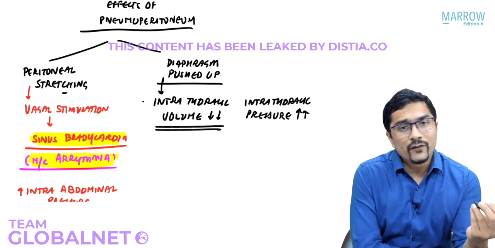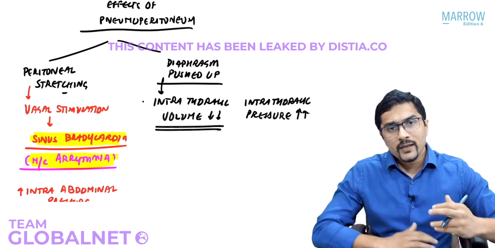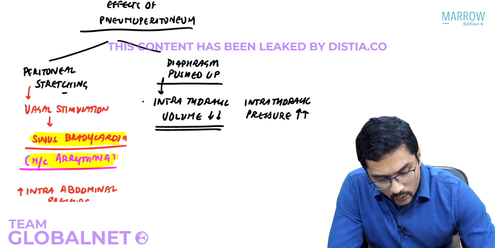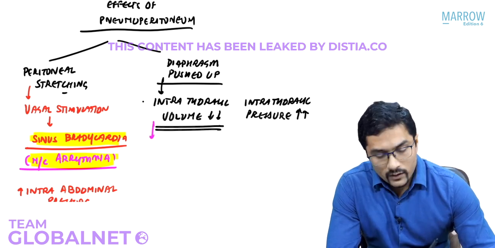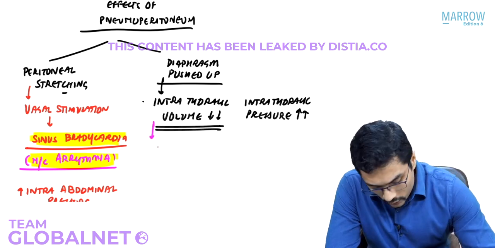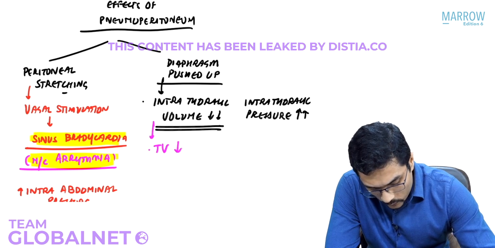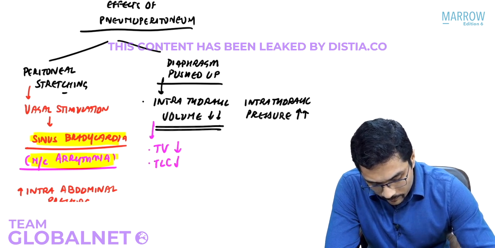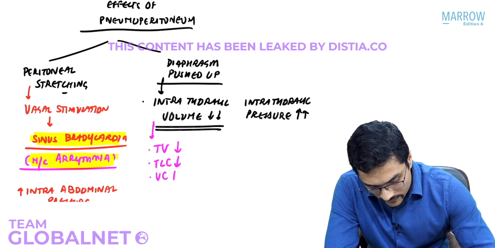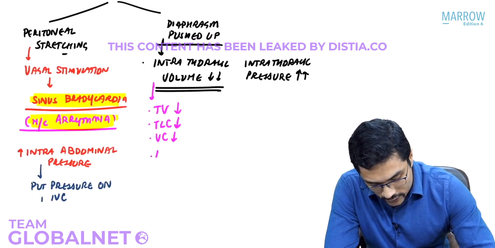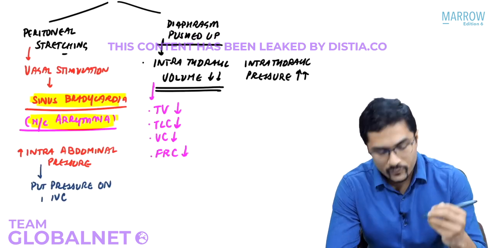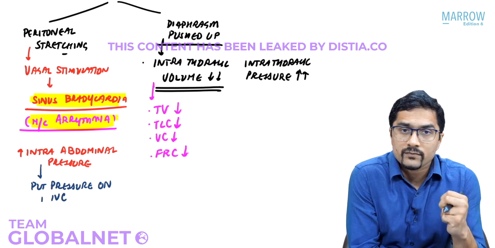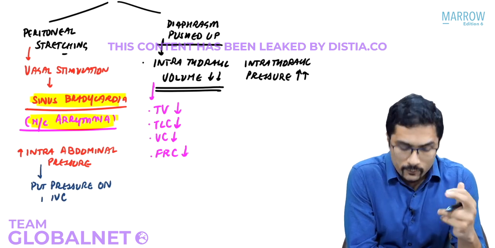Now, what is the significance of this? If the volume is reducing, then all your lung capacities reduce. Tidal volume reduces, total lung capacity reduces, vital capacity reduces, functional residual capacity, everything reduces. Why is this significant for me?